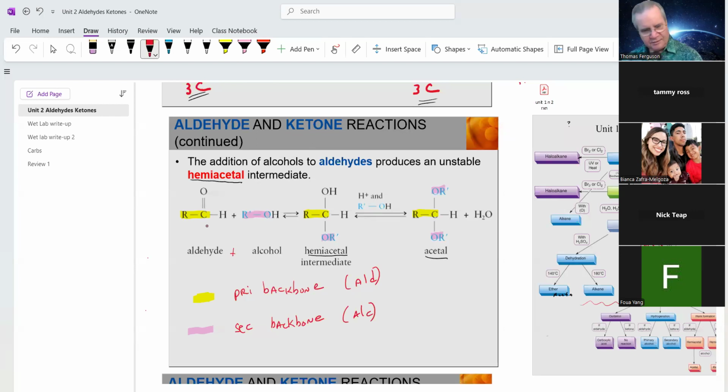So as I was stressing last time, we always want to start with our backbone, the primary backbone. And that starts with either the aldehyde or the ketone. The added alcohol is going to form the secondary backbone, which attaches to the anomeric carbon.